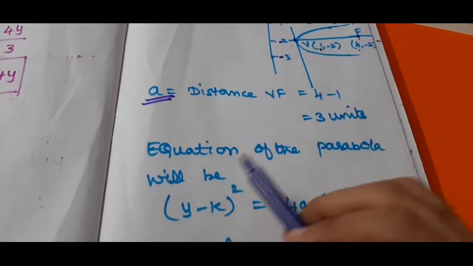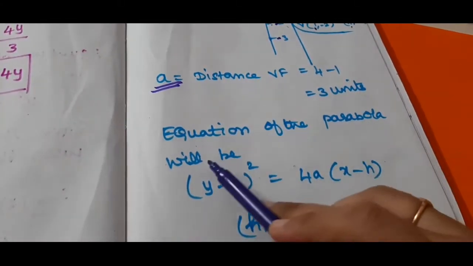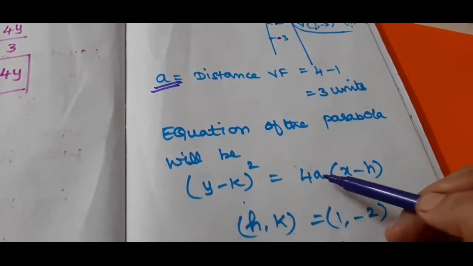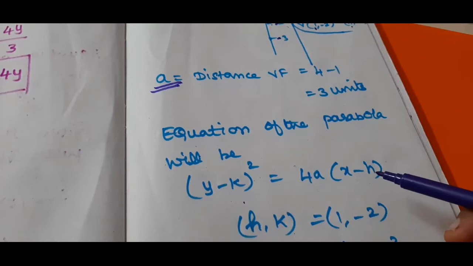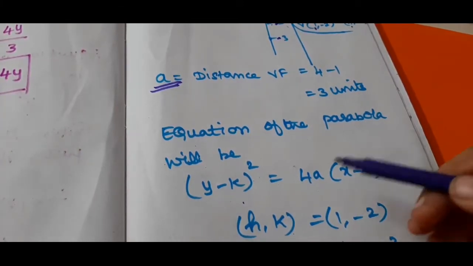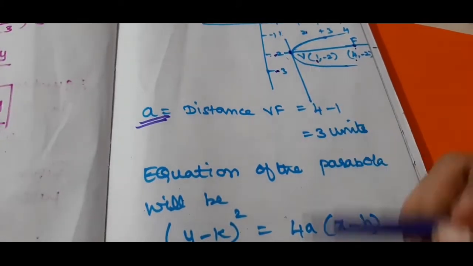that is 3 units. So the equation of the parabola will be (y - k)² = 4a(x - h), because the vertex is not (0, 0).